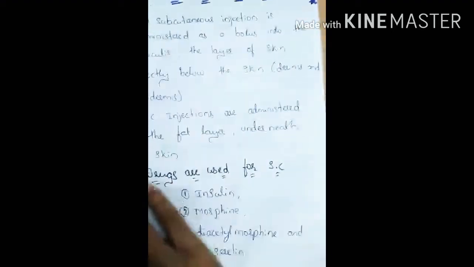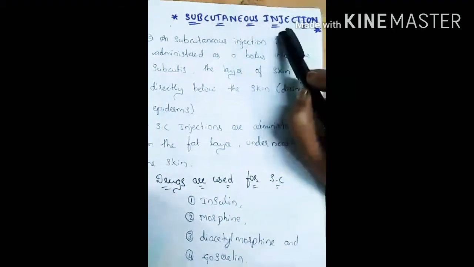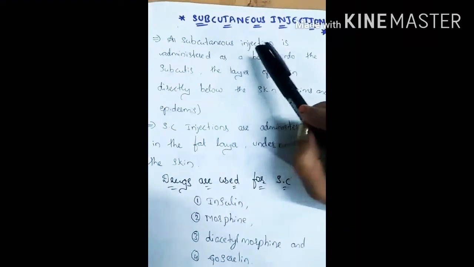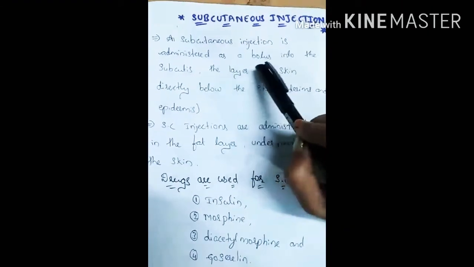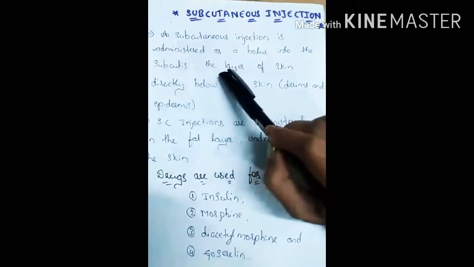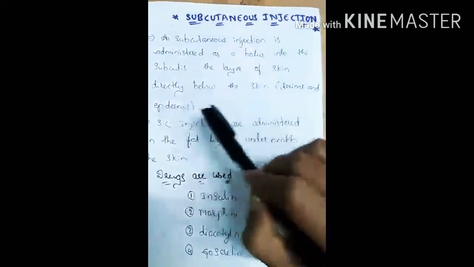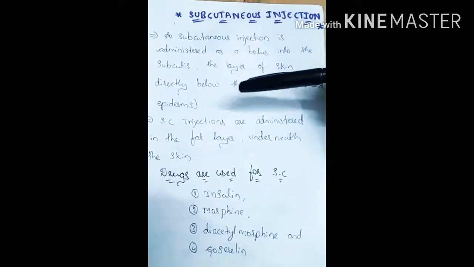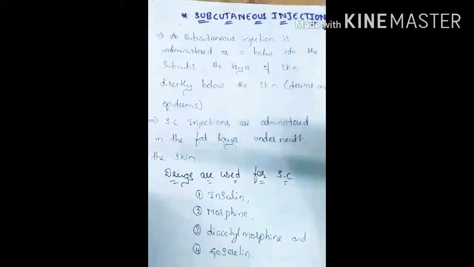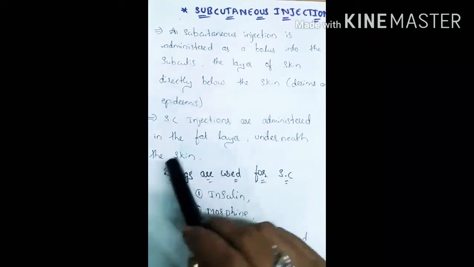Next, subcutaneous injection. A subcutaneous injection is administered as a bolus into the subcutis, the layer directly below the skin, where the dermis and epidermis are present. So subcutaneous injections are administered in the fat layer underneath the skin.